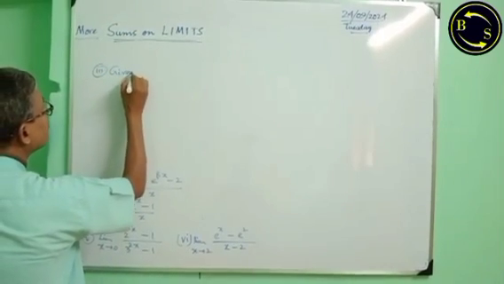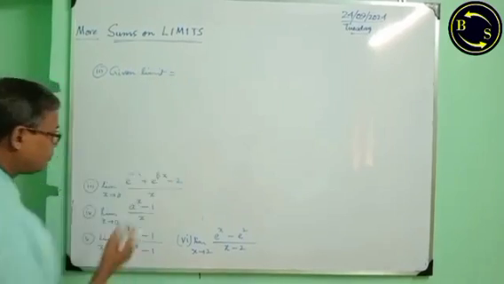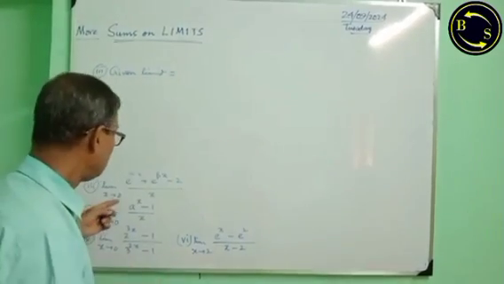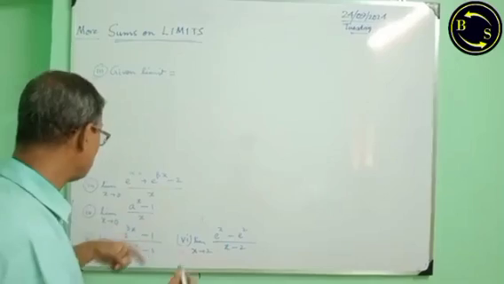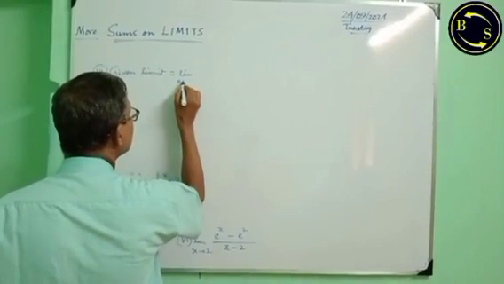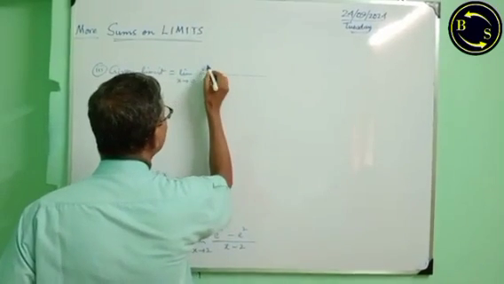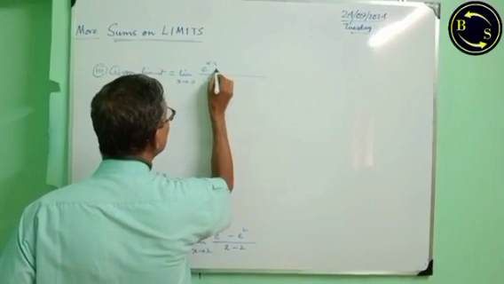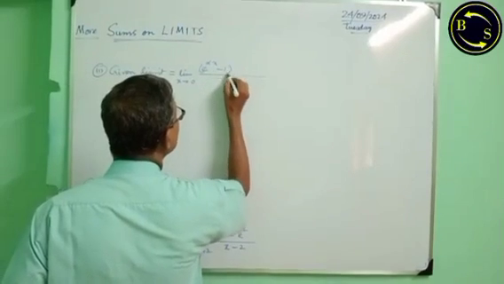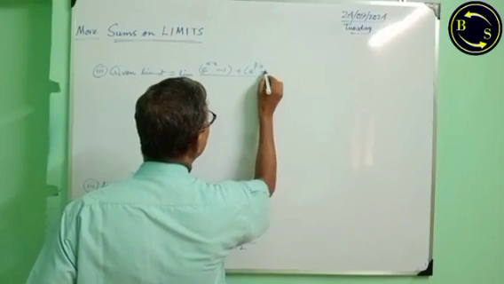Given limit is equal to, I first write the numerator like this: limit x tends to 0, e to the power alpha x minus 1 plus e to the power beta x minus 1.